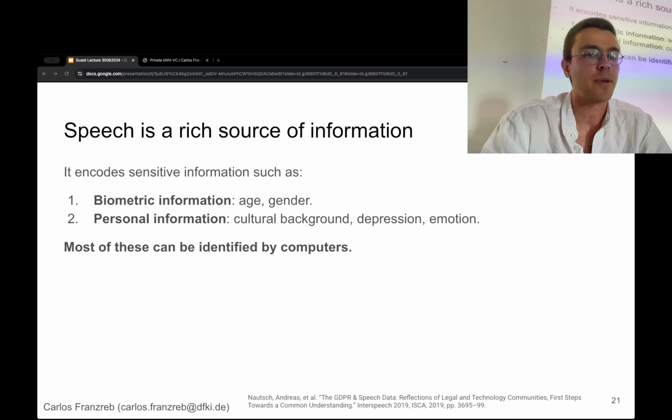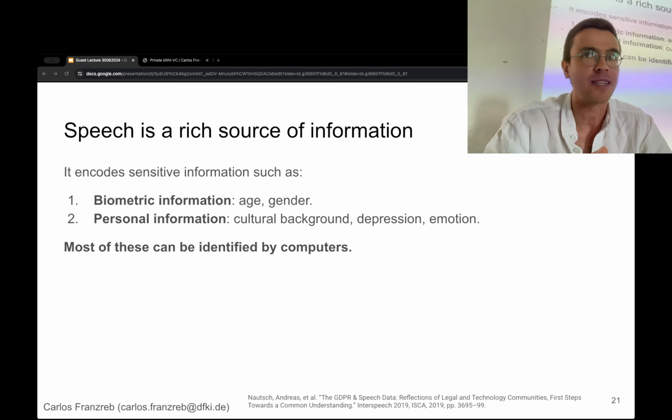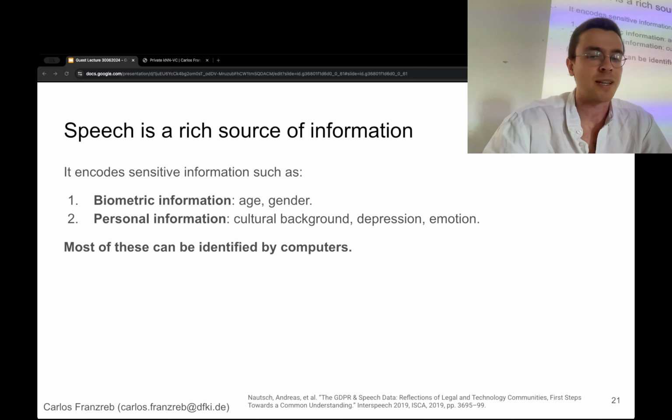Most of these can be identified by computers in very laboratory-like settings for now, but accuracy is improving very rapidly. So we should assume that they will only get better with time. That's why the GDPR is so important to address these kinds of dangers.